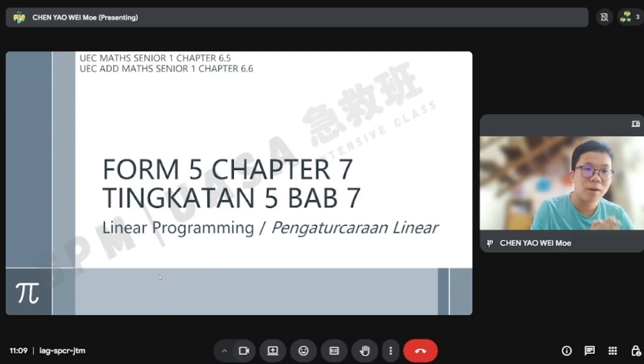Maths from Form 4 to 6 is the basis for the Form 5 to 7 MS. So in today's lesson, we will introduce the Form 4 to 6 maths first because you need to know it, and I will also combine it together with the Form 4 to 6 maths.